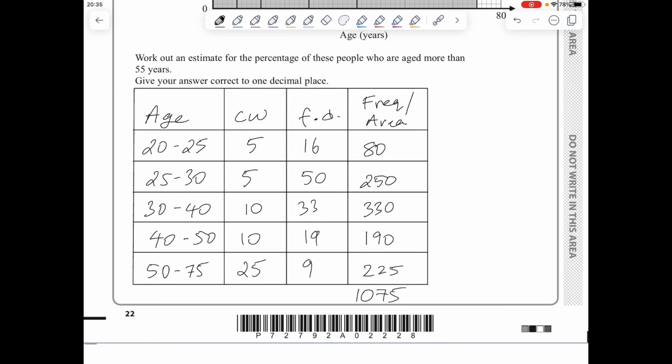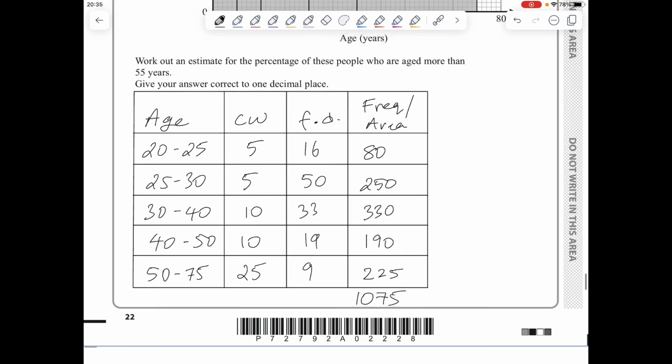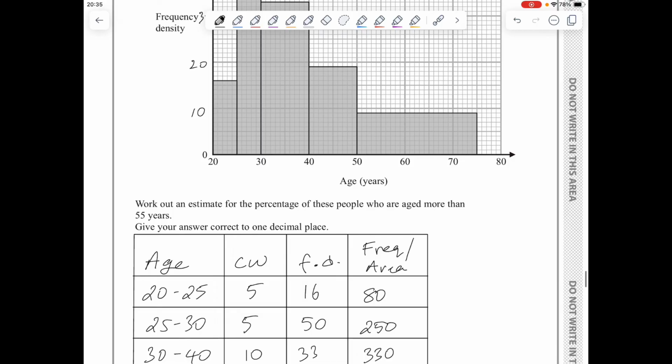Now I have to find the numerator of my fraction, and to do so, I'll need to find the area for more than 55 years. So I want this area here. This area goes from 55 to 75, so it has a width of 20 and a height of 9, so the area is 180.